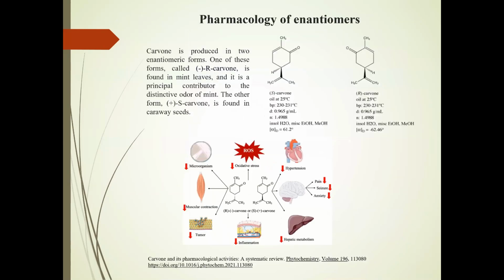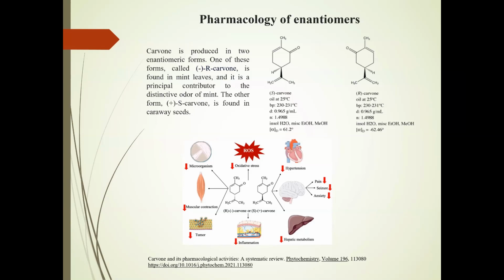Another interesting example is carvone. We know that carvone is mainly found in peppermint. The R enantiomer of carvone is responsible for the taste of mint, but the S enantiomer is responsible for the taste of caraway. It's actually just found in caraway seeds.